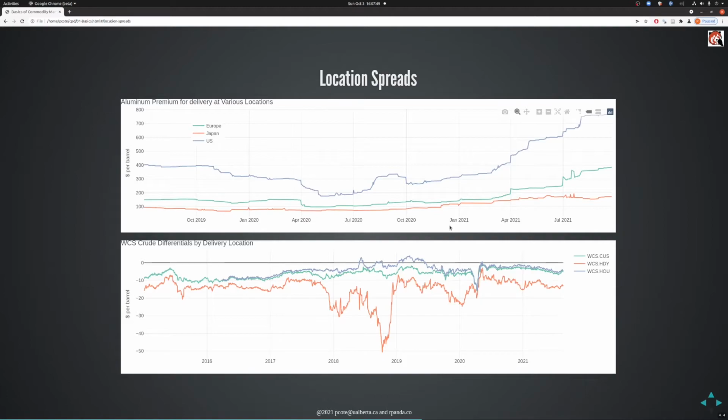Turning to a different market, the bottom chart shows the prices as a differential to WTI crude of Western Canadian Select, which is the main benchmark crude for Canada. It is a heavy sour crude. And what we have at the bottom, the orange line, shows its price at Hardisty, Alberta, which is a production center. We consume very little of what is being produced there.